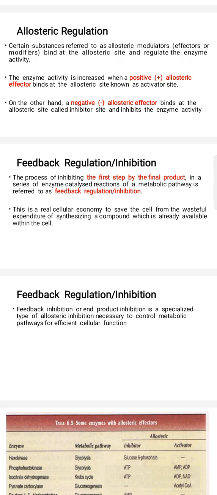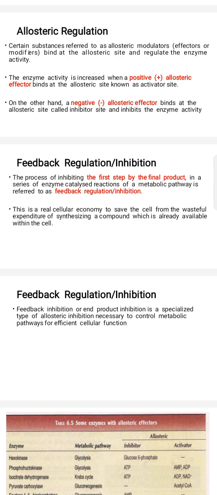When we talk about inhibition, it simply means you stopping something from happening. You get it? More or less, you are decreasing its activity. So it's the process of inhibiting the first step by the final product.